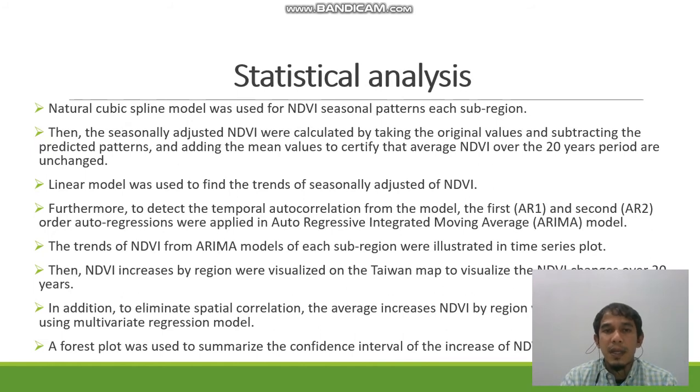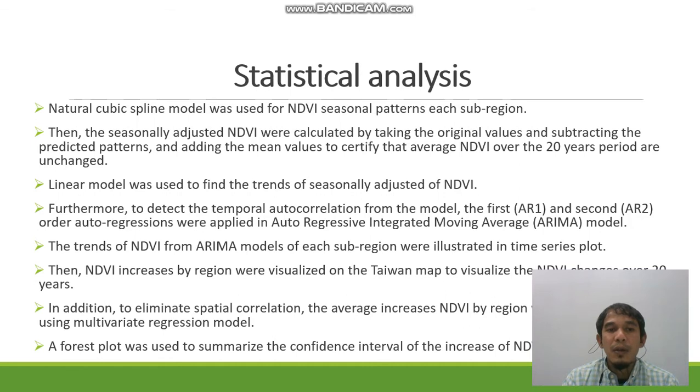For the statistical analysis, we used the cubic spline method to model NDVI seasonal patterns, and then we adjusted the seasonal pattern by taking the original value, subtracting the predicted pattern, and adding the mean value to ensure that the average NDVI over the 20 year period is unchanged.